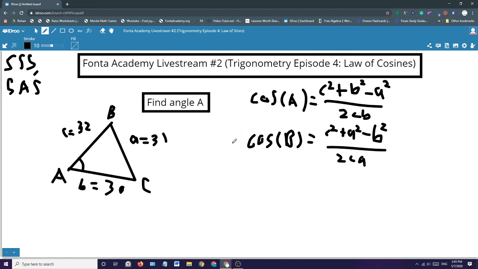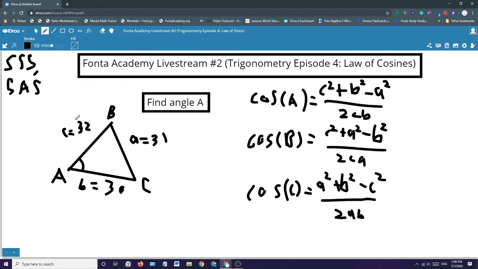And last but not least, if we want to try to find cosine angle C, that would equal a squared plus b squared minus c squared over 2ab.